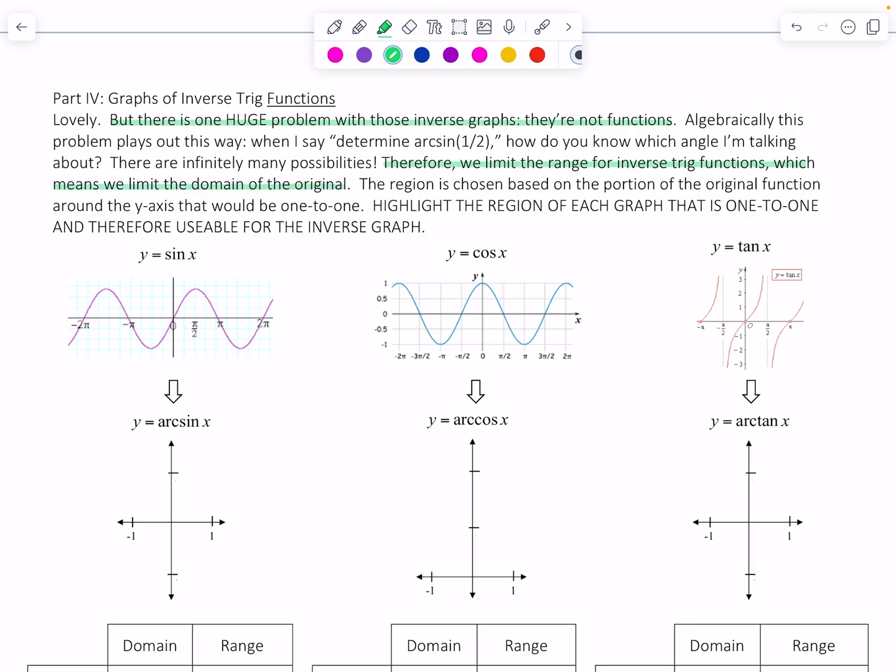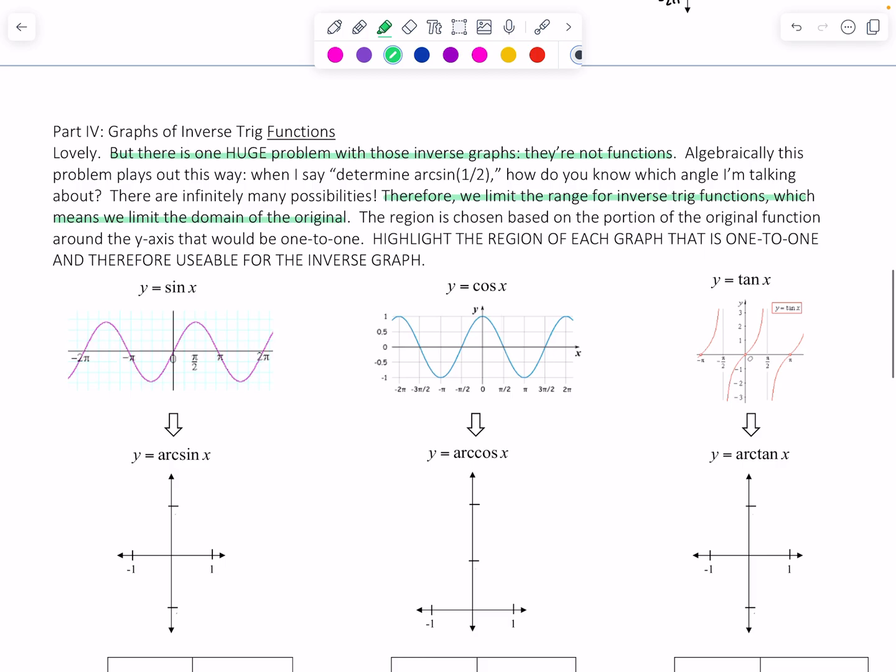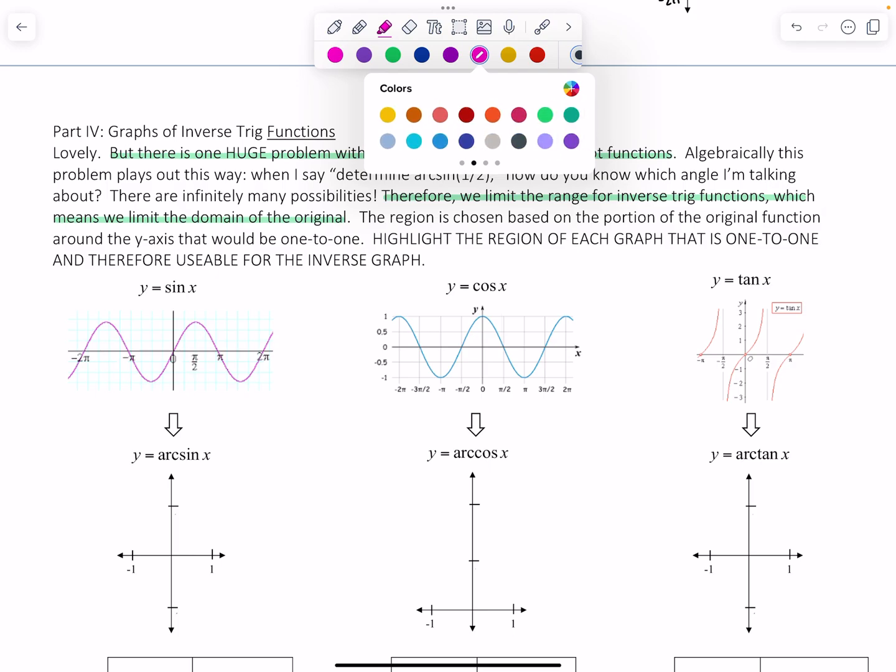Which means we limit the domain of the original. So this region is chosen based on the portion of the original function around the y-axis that would be one to one. So we're going to highlight that portion of our graph. When we're thinking of the graph of sine of x, let's pull blue here.